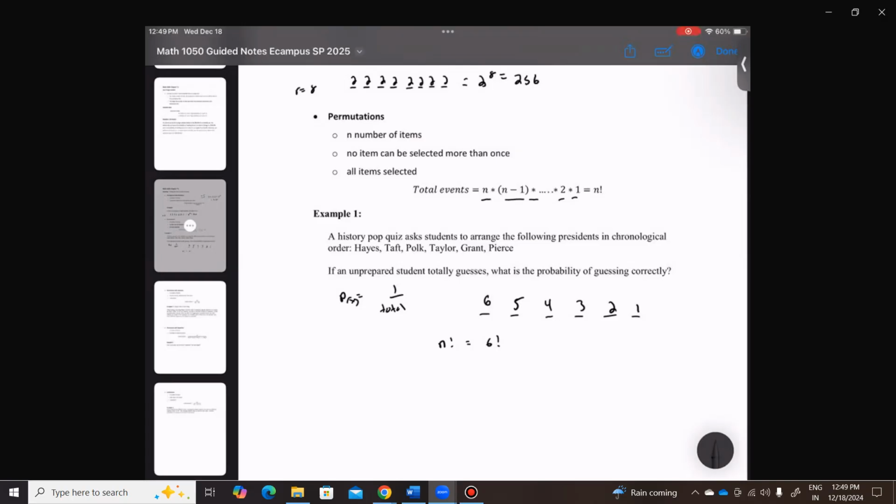And 6 factorial, that multiplier altogether, is 720. So your probability of guessing correctly is 1 out of 720, which is 0.001 or 0.1%.